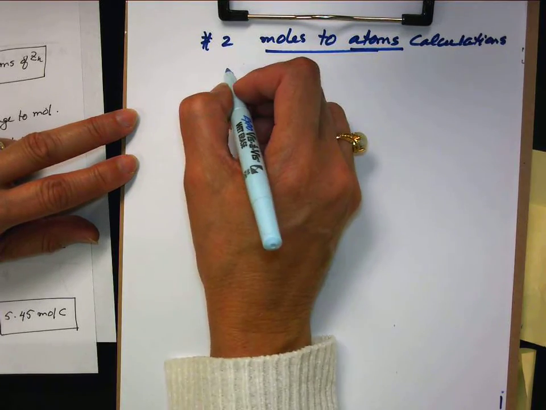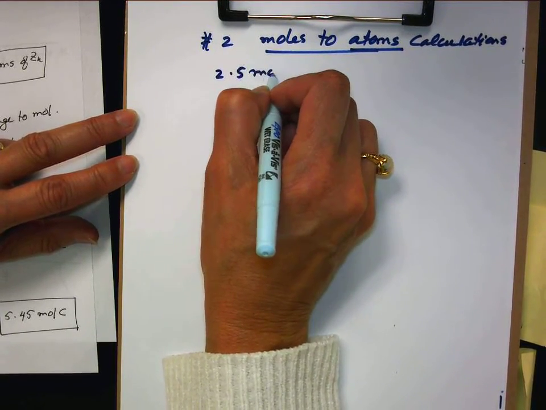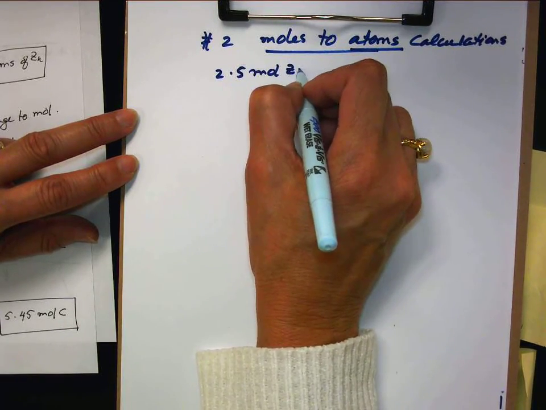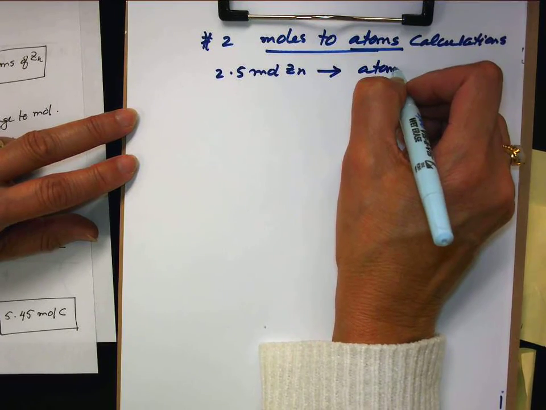The problem is 2.5 moles of zinc. Can you change it to atoms of zinc?